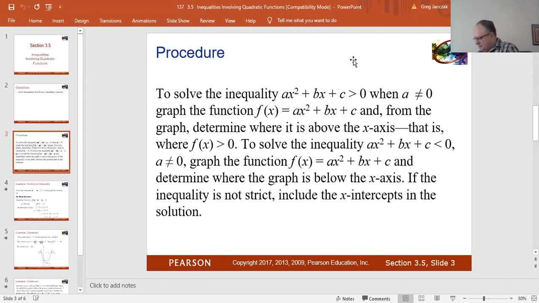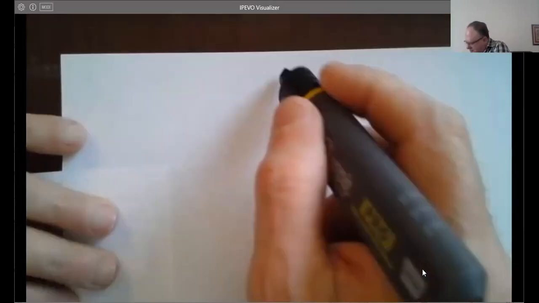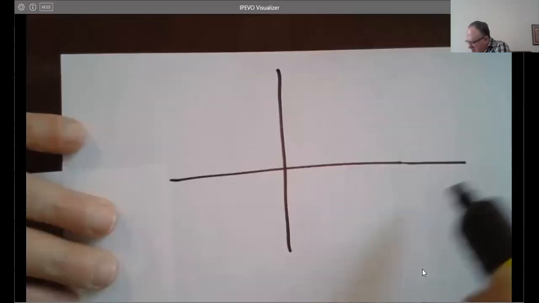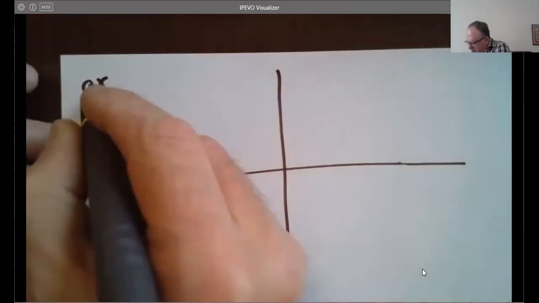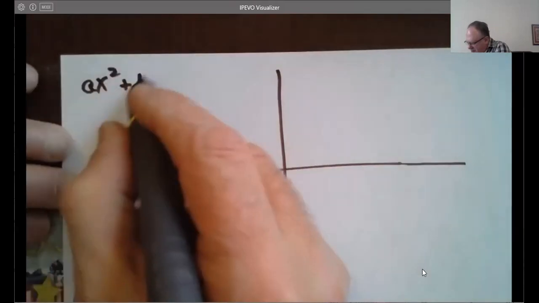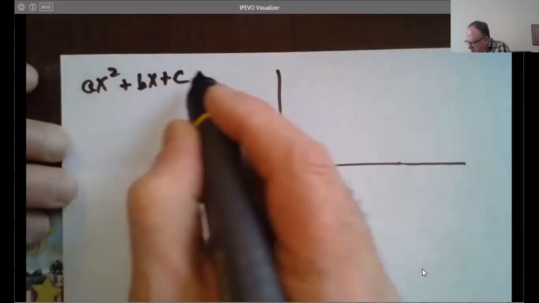For example, on our board or our paper, here's our coordinate plane, and we want our parabola, ax squared plus bx plus c is greater than 0.